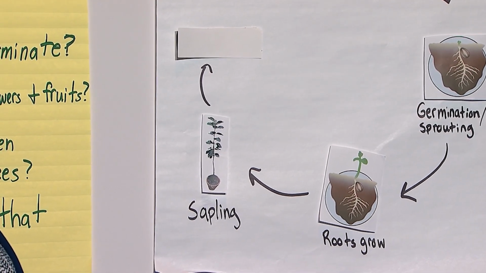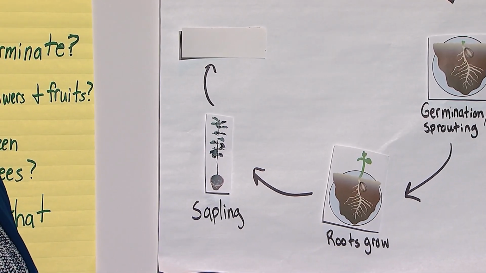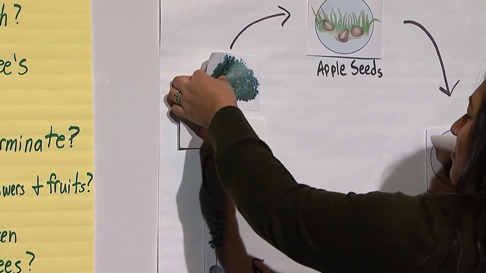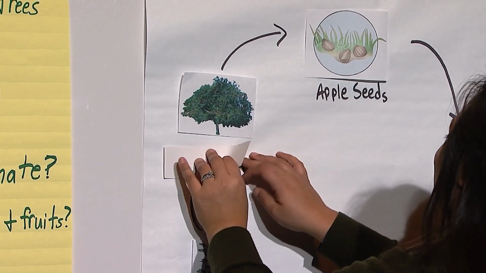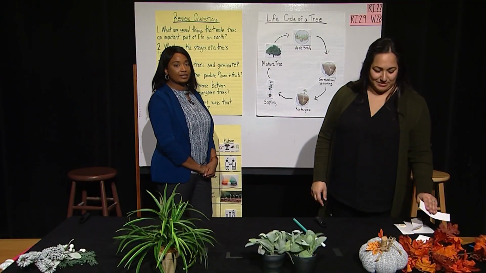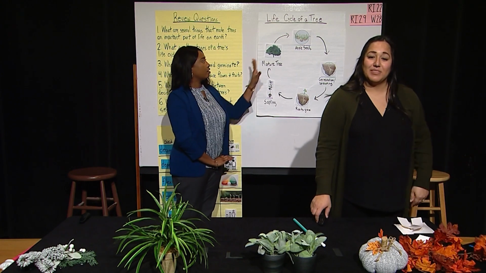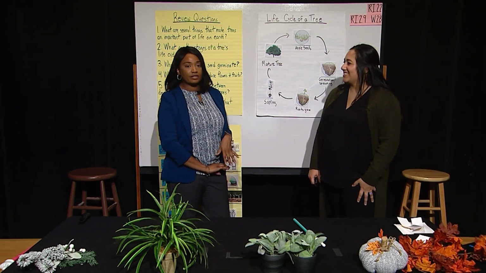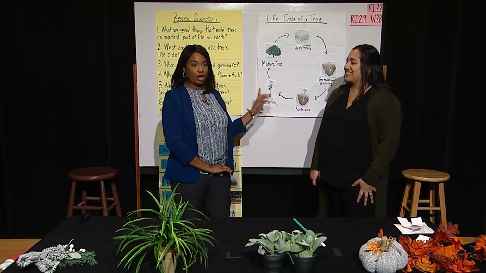After the sapling stage, what occurs? Of course, a mature tree. Let's place it right here in the mature trees. Now, because the mature tree is final, that's the end of the life cycle and it'll just begin over and over.